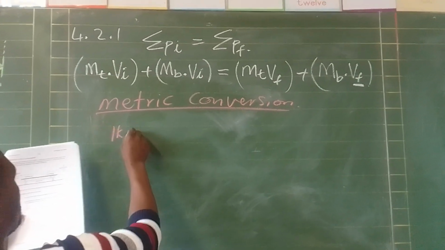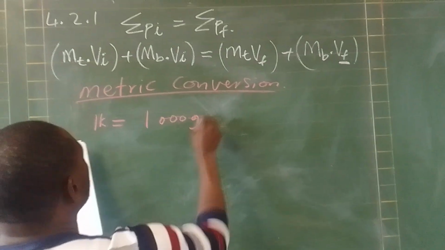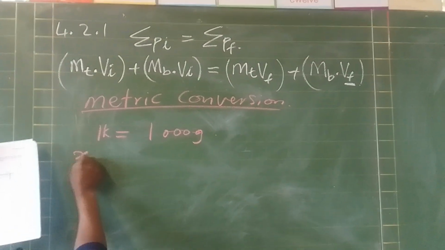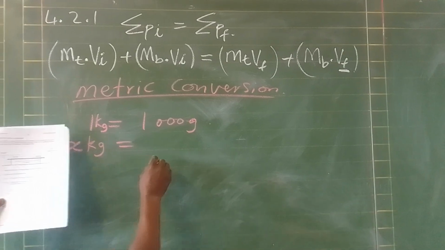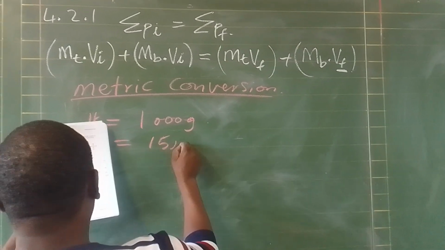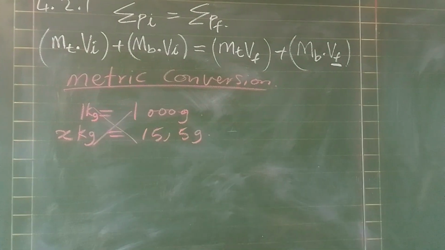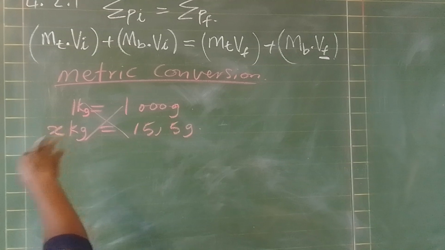One kilogram is equal to 1,000 grams. The grade 6 can quickly go through this with ease. How many kilograms will 115.5 grams be? You cross multiply.